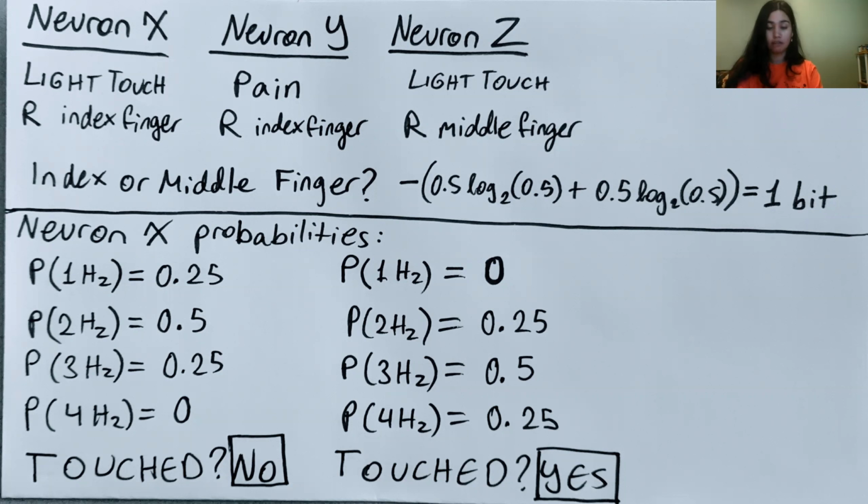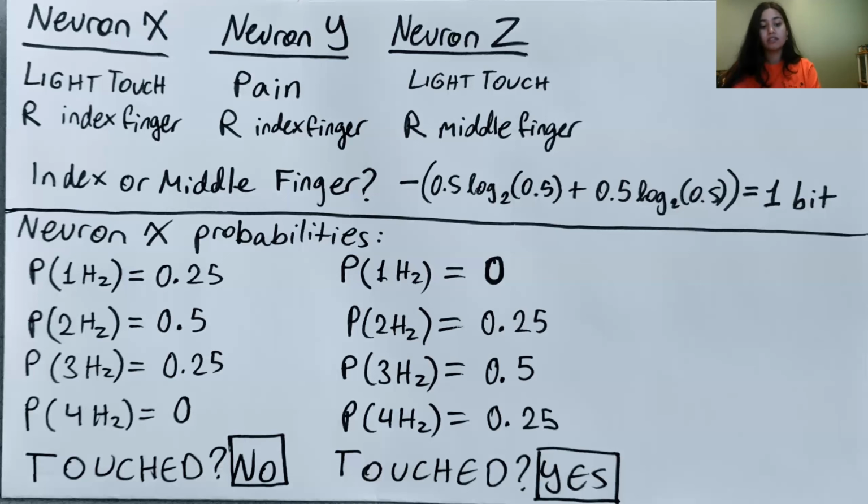So as we have learned in previous classes, X, Y, and Z will all eventually, through intermediary neurons, give inputs to the left somatosensory cortex. So when the brain receives neurotransmitter that was released because neuron X sent a signal, then the brain interprets that as the light touch on the right index finger.